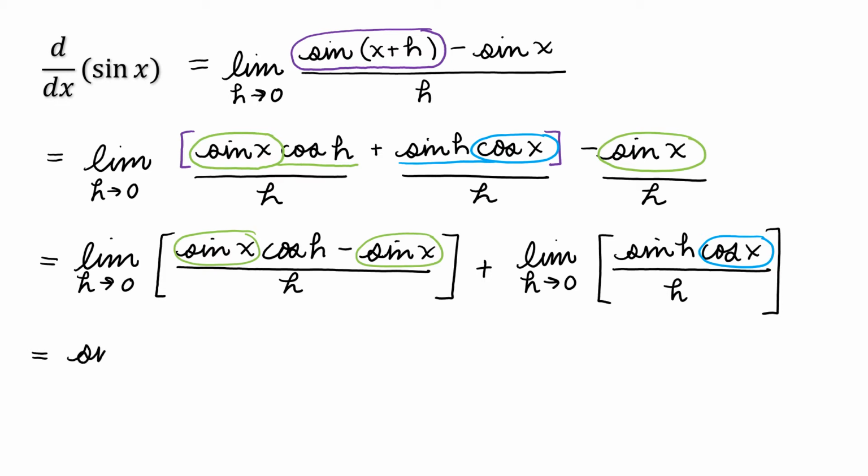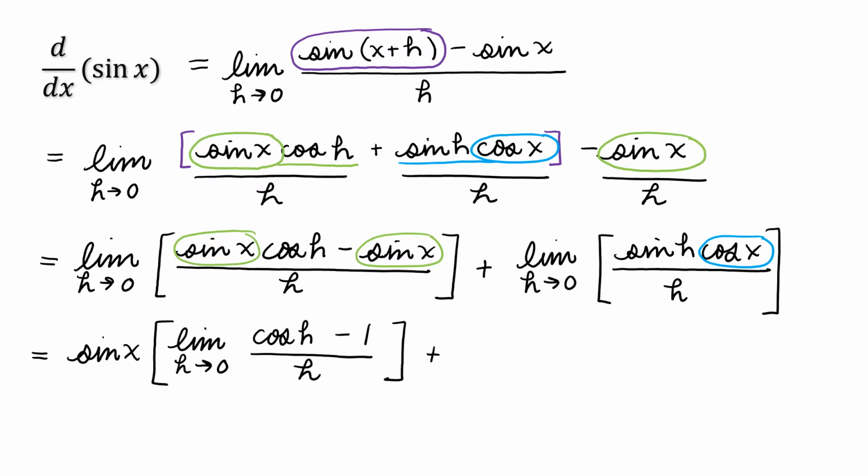So we'll factor out our sine of x, and that'll be times the limit as h approaches 0 of cosine of h minus 1 over h, plus we'll factor out that cosine of x, which isn't impacted by the limit as h approaches 0, times the limit as h approaches 0 of sine of h over h.